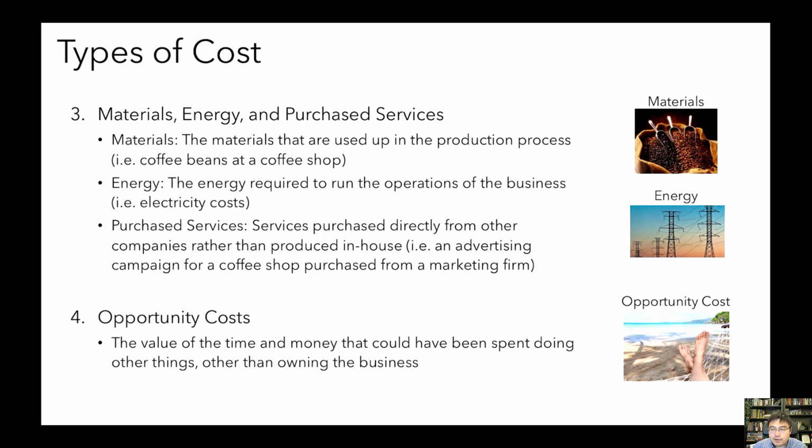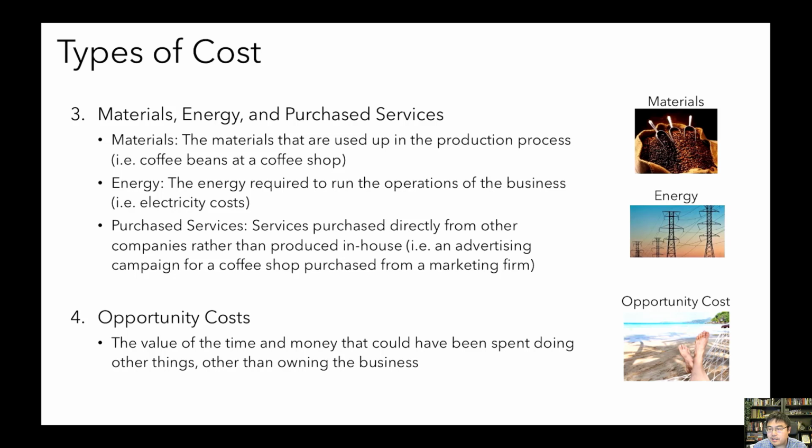Right, so we learned about opportunity cost in our very first lecture. From the perspective of a firm, opportunity cost is simply the value of the time and money that a business owner could have spent doing other things other than running the business, right?